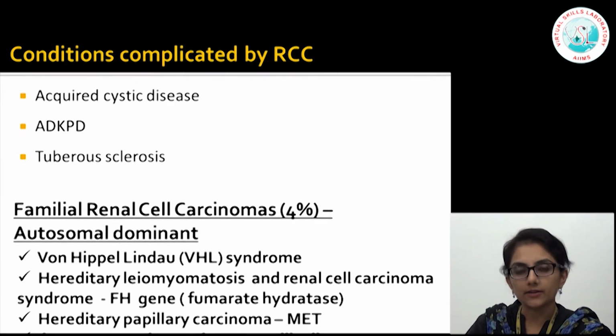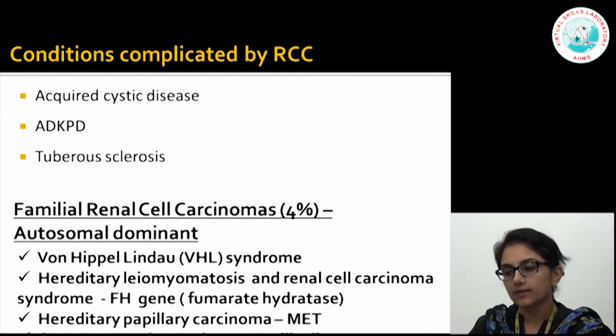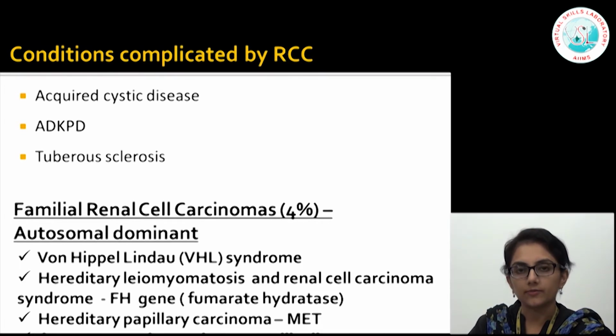Then you have the hereditary papillary carcinoma, which is associated with activation of the MET proto-oncogene. And we have the Birt-Hogg-Dubé syndrome, which is associated with mutations in the folliculin gene and therefore numerous skin tumors and associated renal tumors of varied histology. So we will look at some of the important familial syndromes as we go along the lecture.